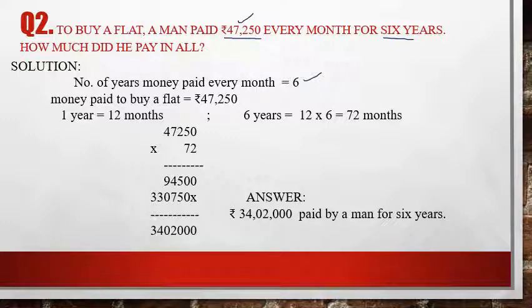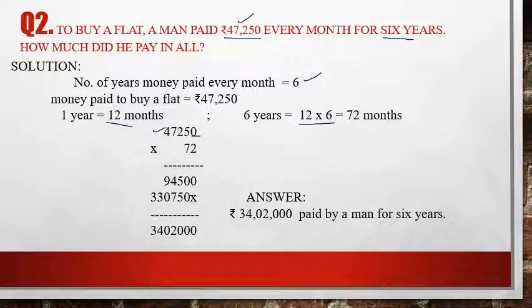So first you will multiply it and find out the 1 year amount he is paying. Clear? 1 year is equal to 12 months, so 6 years will be 6 into 12, 72 months.